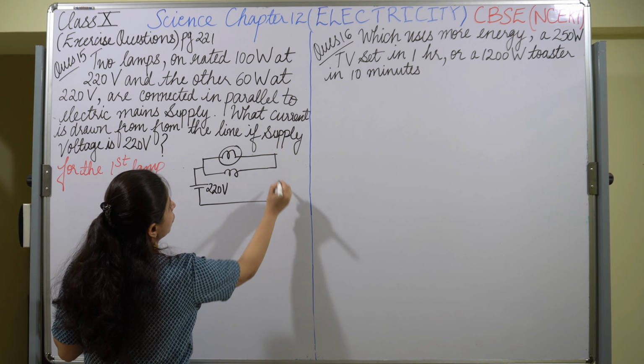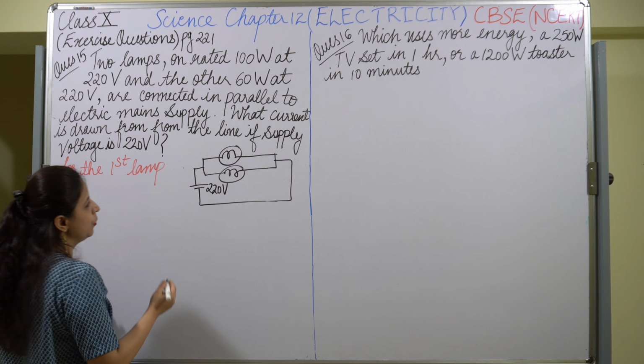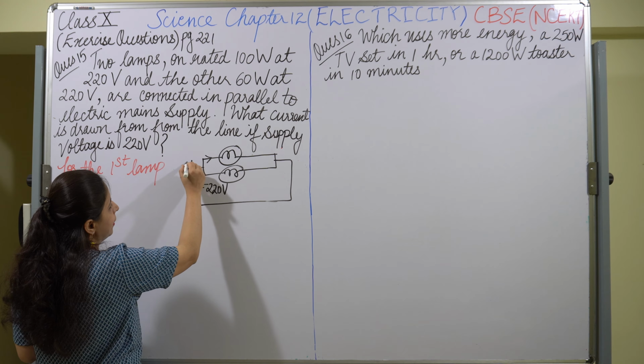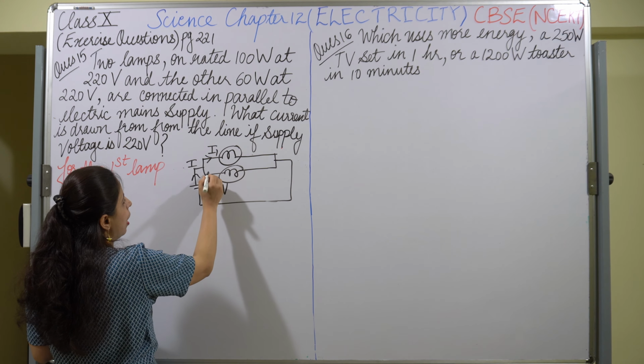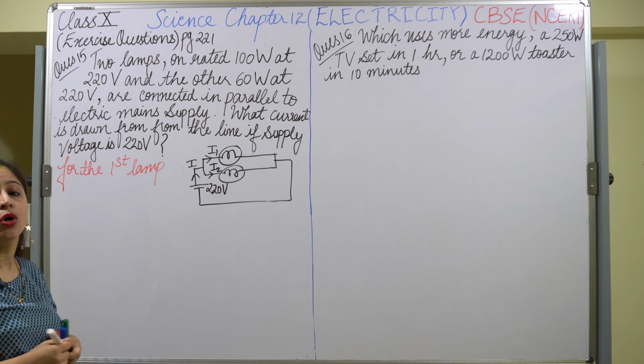Okay, so this is the figure. For the first lamp we need to find I1. The current will come and get divided over here into I1 and I2, and we need to find them.